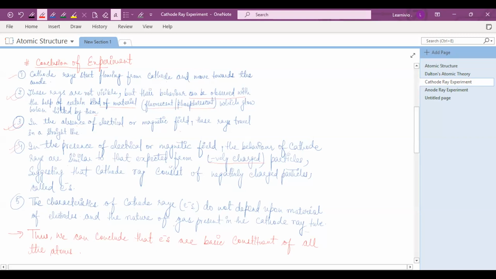So he said that it behaves just like a negatively charged particle, suggesting that cathode ray consists of negatively charged particles which are known as electrons, right?